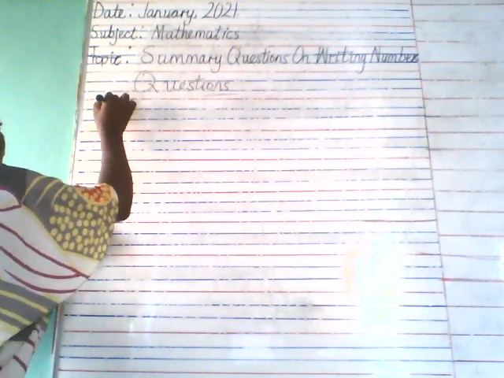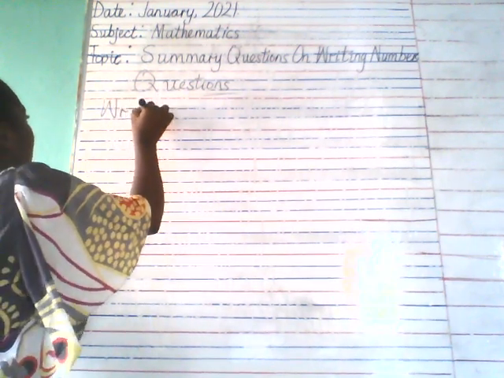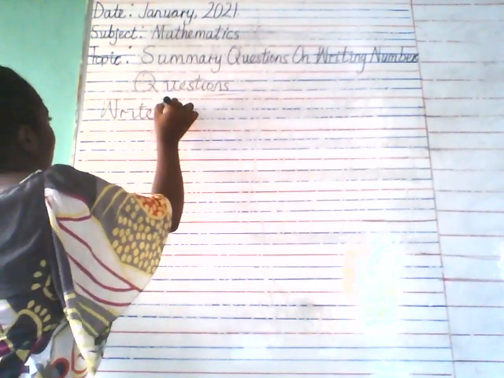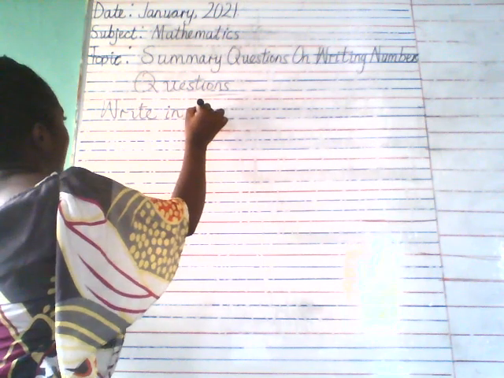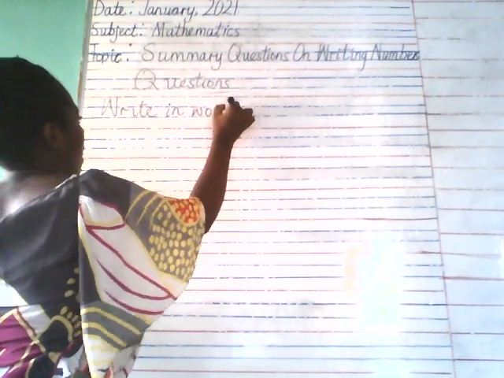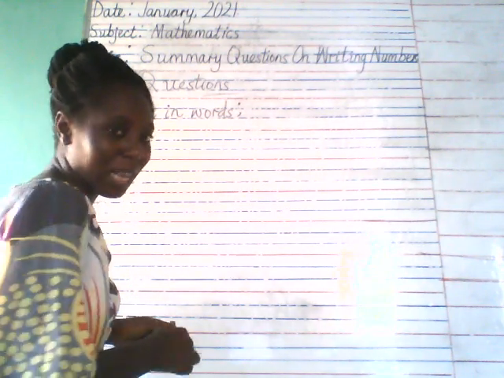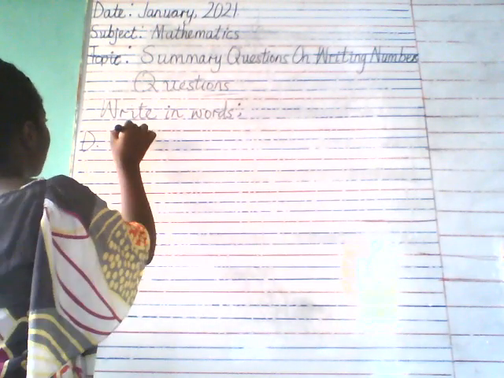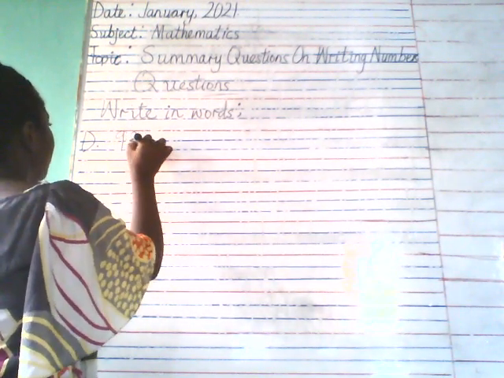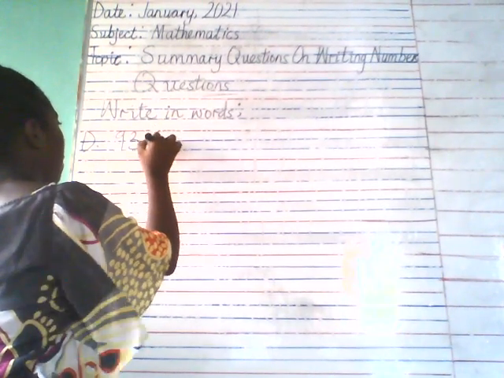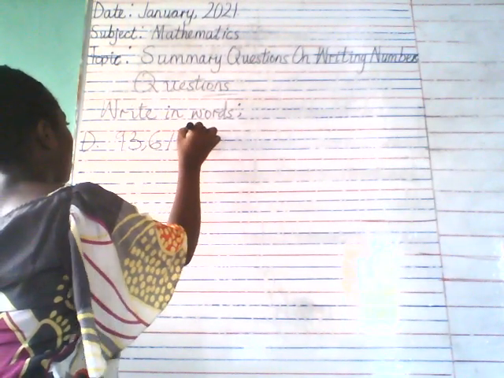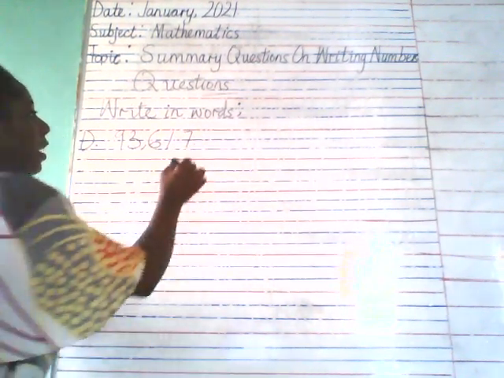Number 1 says, write in words. Number 1, you have to write in words: 90.